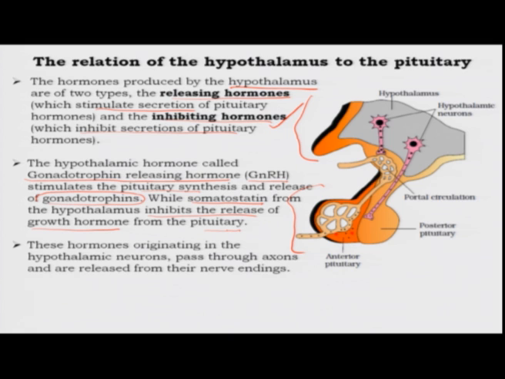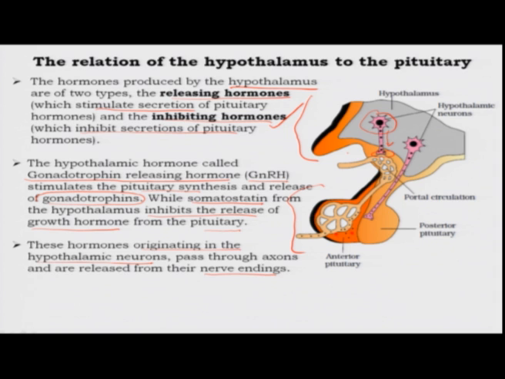These hormones, how are they conveyed from the hypothalamus to the pituitary? So, these hormones originate in the hypothalamic neurons. So, these are the hypothalamic neurons which produce them, and they travel in membrane vesicles through the axon, come to the synapse or the end of the axon and are released here by the fusion of the vesicles to the membrane on this surface.